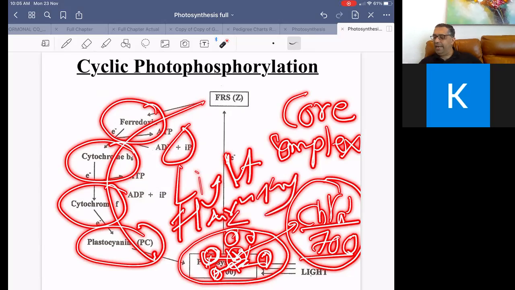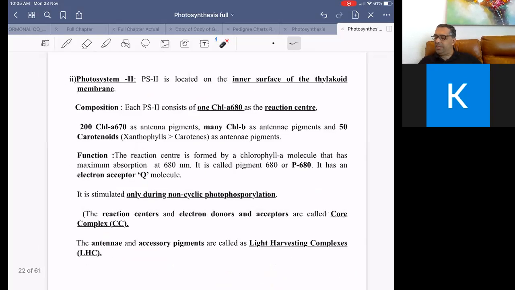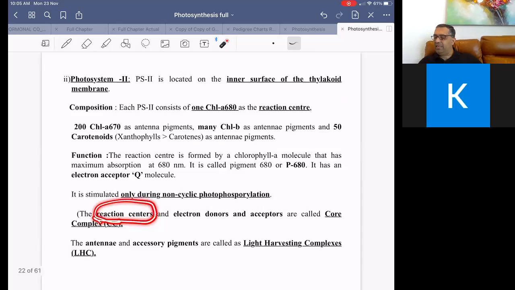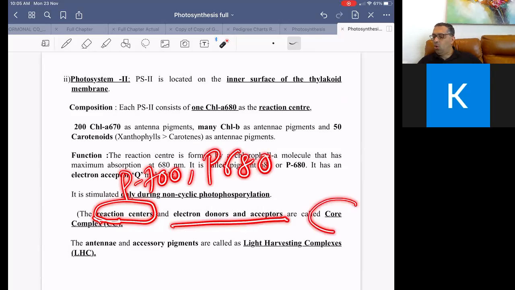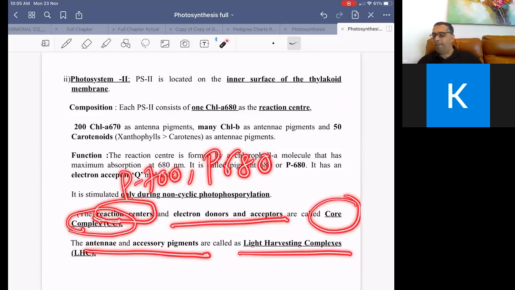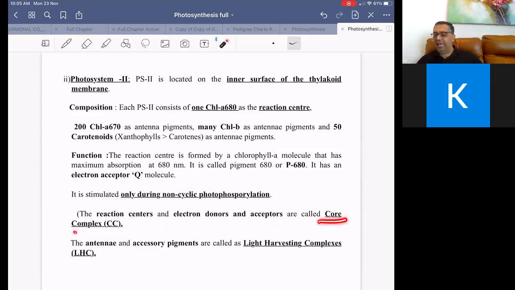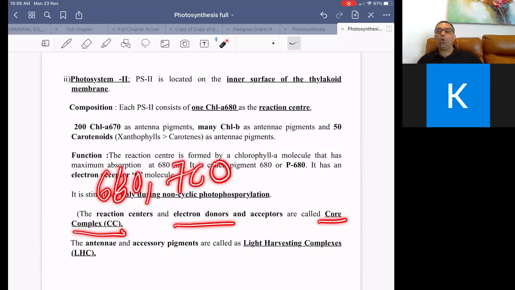Okay, so we will end it here. What is the reaction center? That is P700 or P680, and the electron donors and acceptors are called the core complex, CC. And the antennae and accessory pigments are called the light harvesting complex, LHC. So the core complex is chlorophyll A680, chlorophyll A700, and all the cytochromes which are electron acceptors and donors.